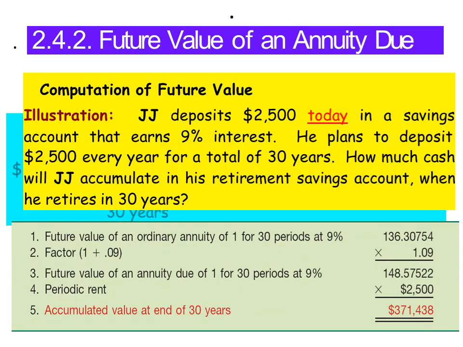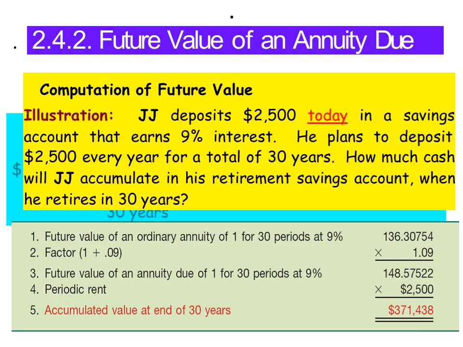The future value of an ordinary annuity of 1 for 30 periods at 9% is 136.3075, times the factor 1.09. Then the future value of an annuity due of 1 for 30 periods at 9% is 148.57, times the periodic rents of 2,500.